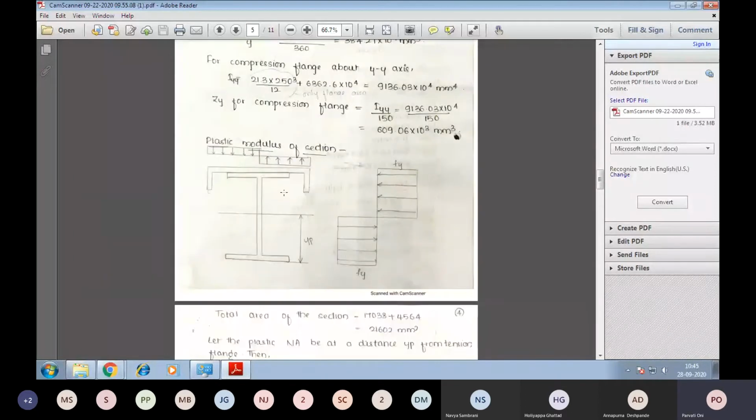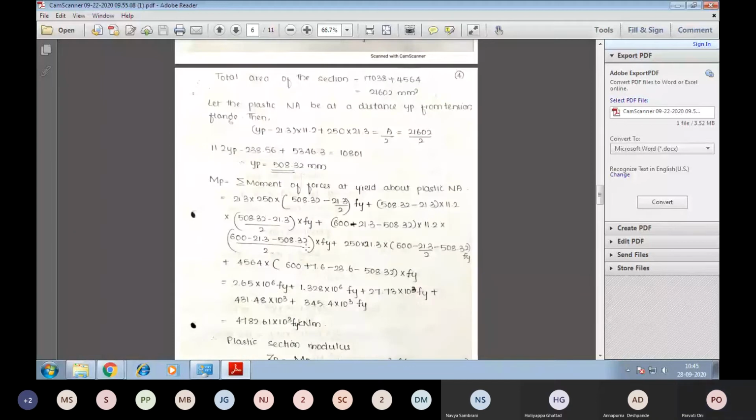This depth is the total length minus this length minus this length. So depth into thickness will give you the area, into the centroidal distance of this web section with respect to NA, which will be depth by 2, into Fy, which will give you the plastic moment.